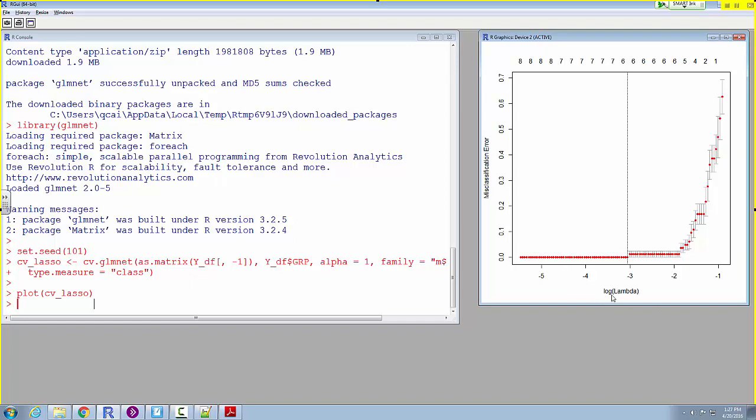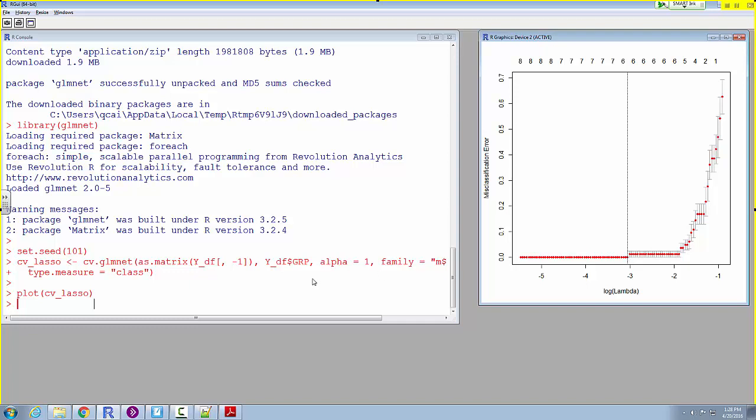They actually drew the picture in terms of log lambda for appearance purposes, but the optimal choice ends up being the biggest value of log lambda that achieves the smallest misclassification rate. In this case, you could have perfect classification according to cross-validation if you chose log lambda to be right there.